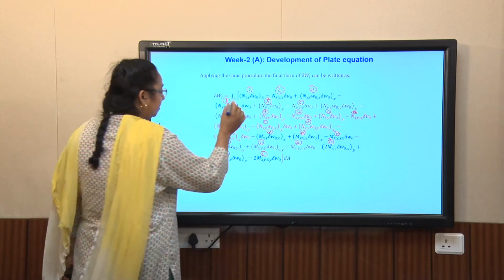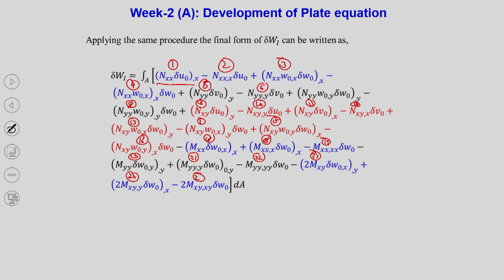You see this whole term derivative comma x will go to the boundary, the underlined terms will go to the boundaries, and this and this and this and this and this and this, again this and this will go to the boundary, and the rest of the terms, second number terms, will be on the area.